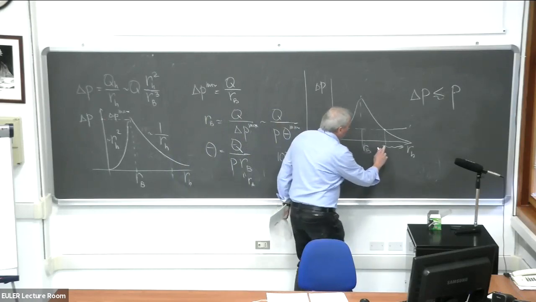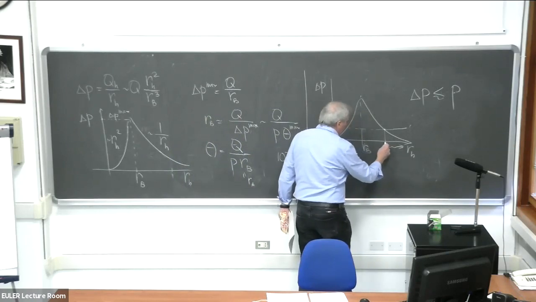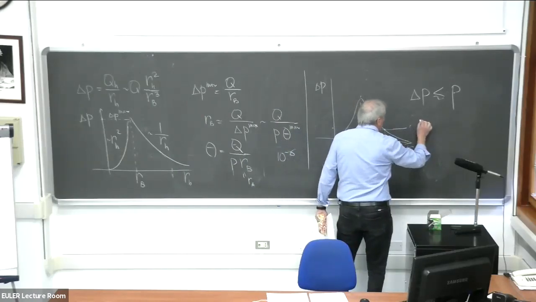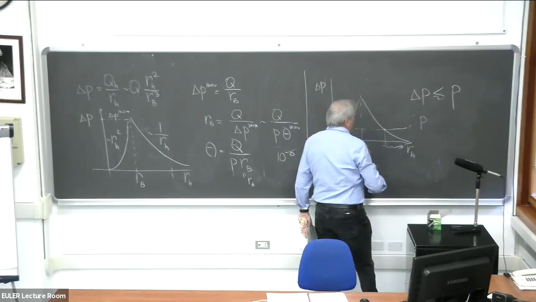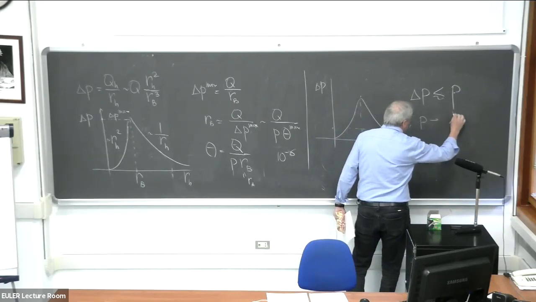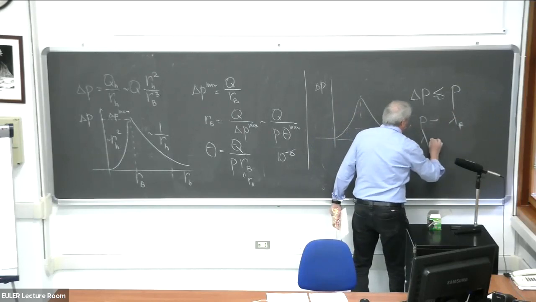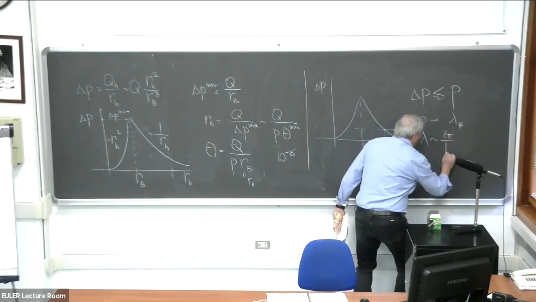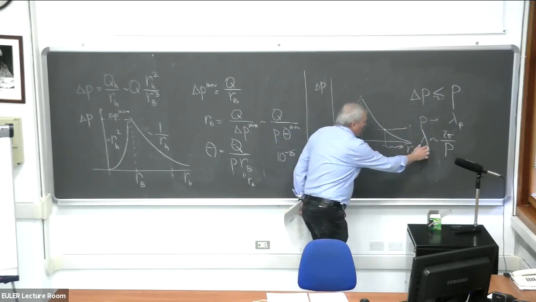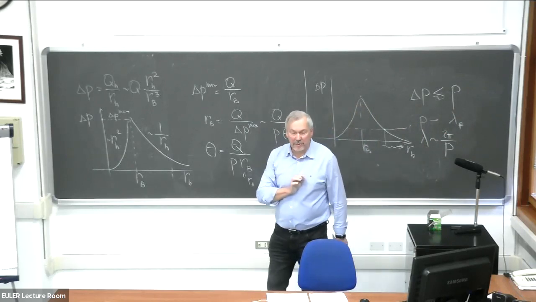Now, you see here we deal with an impact parameter which is in this region, much bigger than R_B. In this case, we also have momentum, which gives us the de Broglie wave. So lambda is 2 pi over P. And in this situation, the de Broglie wave is much bigger than the size of the object.